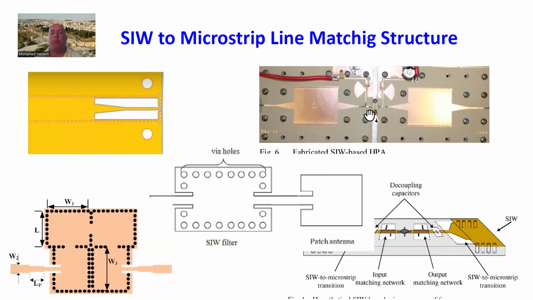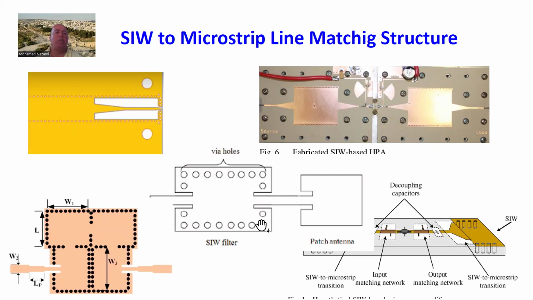Here's an amplifier that uses actually the same thing. It's similar to this, except it's an input-output matching to the microstrip, and it's done with taper lines. Same thing in here: here's an amplifier where the SIW is transitioned into the amplifier using a tapered line.